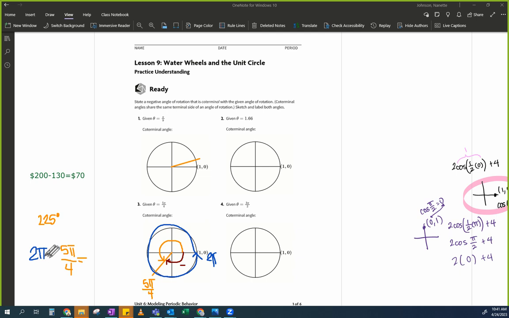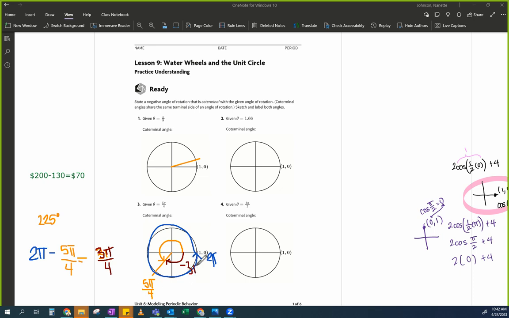If I bought 2 pizzas and each pizza had 4 slices, that's 8 slices, right? So I got 8 slices of pizza. If I have 8 pi over 4 minus 5 pi over 4, I get 3 pi. Oops, it's supposed to be in red. Sorry, my bad. I get 3 pi over 4, right? So that's this guy.